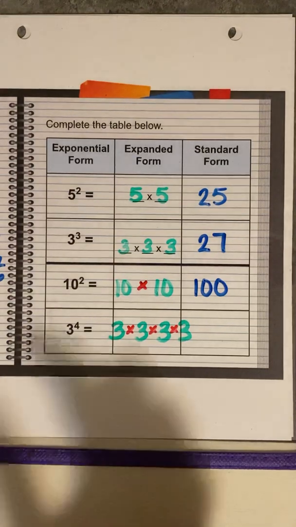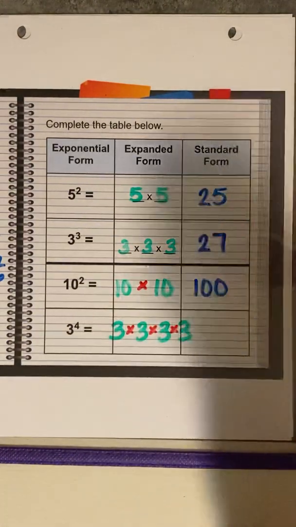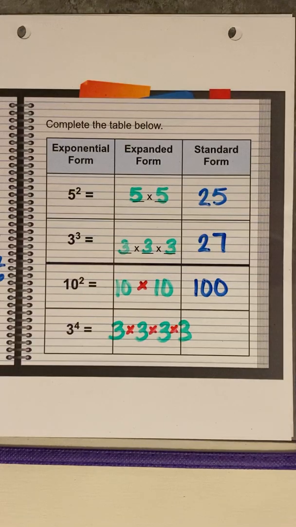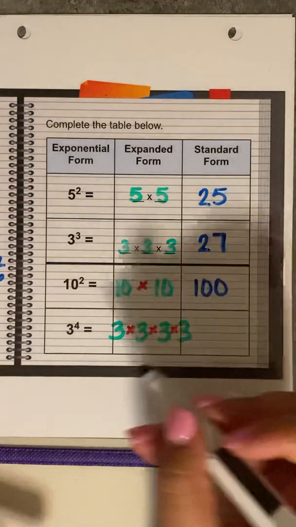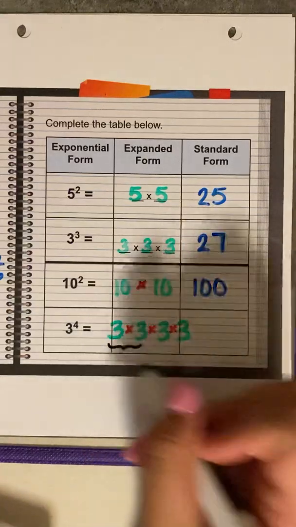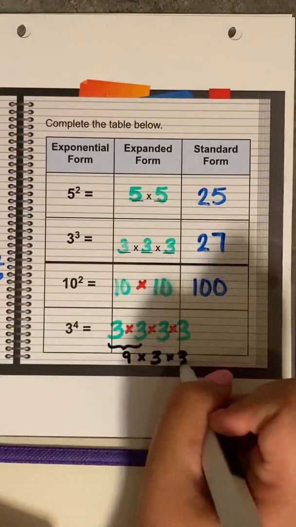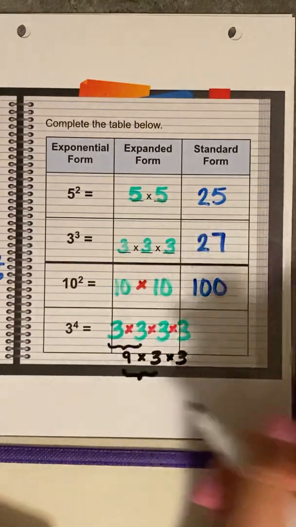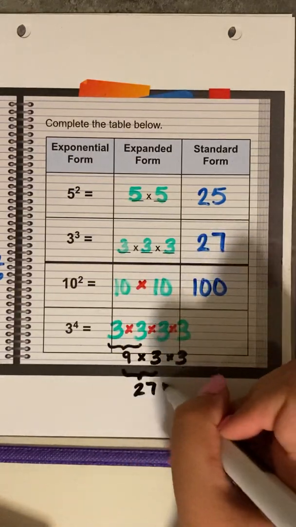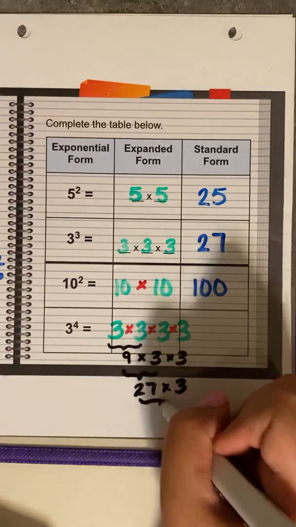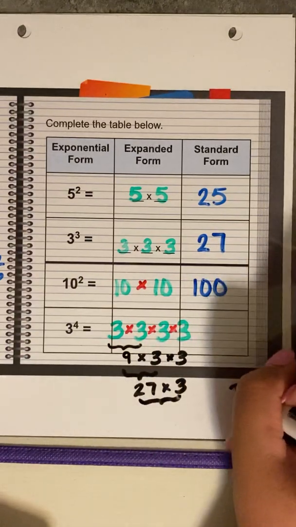So we are going to now write it in standard form, or the evaluation of it. So what is 3 times 3 times 3 times 3? Well, what's 3 times 3, everyone? That's 9. I'm going to bring down everything I didn't use yet. What's 9 times 3? Oh yeah, 27. Times 3. 27 times 3, you can write it off to the side.